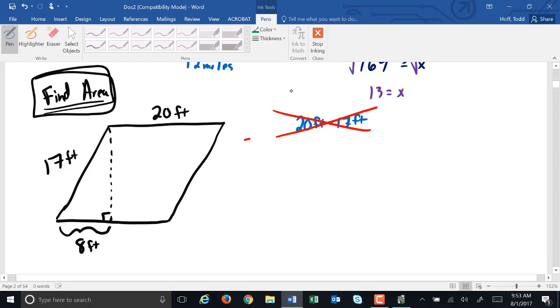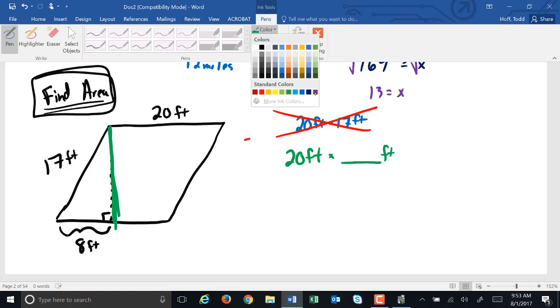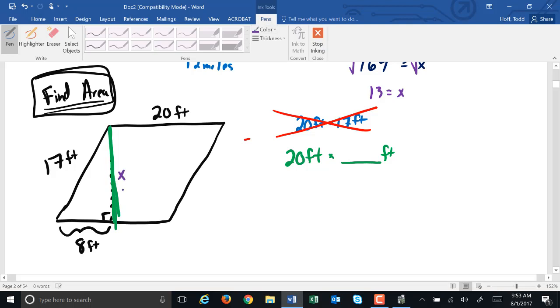Because remember, for area, we must have two dimensions that are perpendicular, form a right angle. So what we need here is this dimension right here. It would be 20 times that dimension. How do I find that dimension? If you did 20 minus 8, that would give me this dimension.